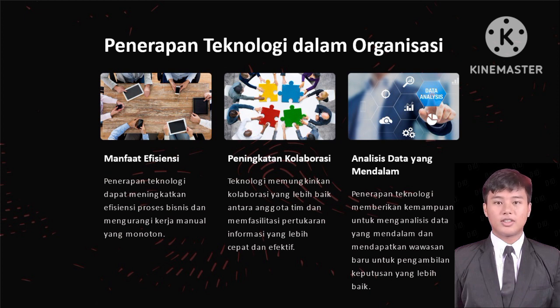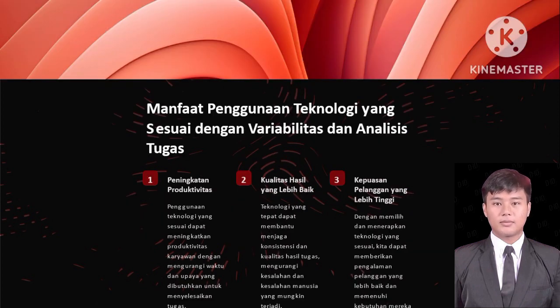2. Relevance to type of technology. The type of production technology used by an organization can influence the organization's structure, need for task analysis, and ability to handle variability in tasks. 3. Advantages and weaknesses. Every concept has its own advantages and disadvantages.